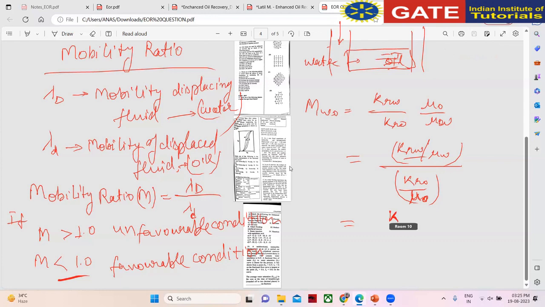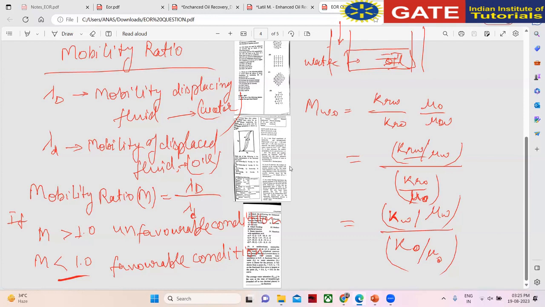So this equation converts the relative permeability of water and the relative permeability of oil into effective permeability, and mu is viscosity.